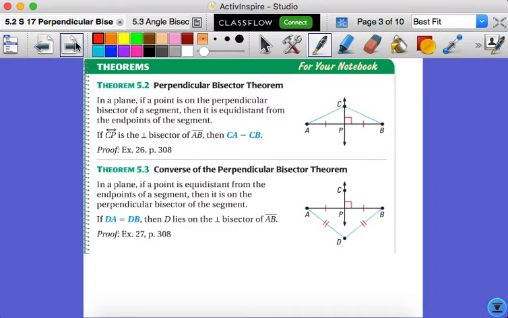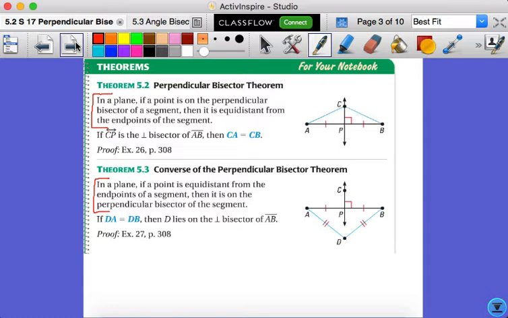So here are our perpendicular bisector theorems. So we've got the theorem itself and its converse. So if you remember, if both of those things are true, that means that we could write this as a biconditional statement. So a point is on the perpendicular bisector of a segment if and only if it is equidistant from the endpoints of the segment.